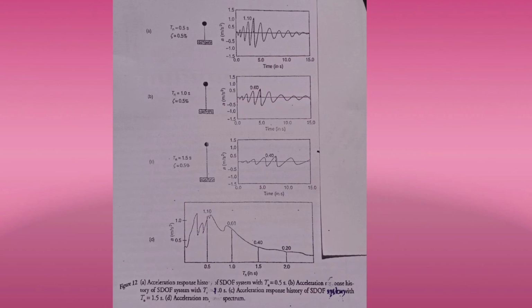A time period of 1.5 seconds means the height of that structure is more. In figure B, the time period is 1 second, so it is somewhat shorter, and in figure A, Tn is 0.5 seconds, which is again shorter than these two. This is regarding the plotting of the response spectrum.